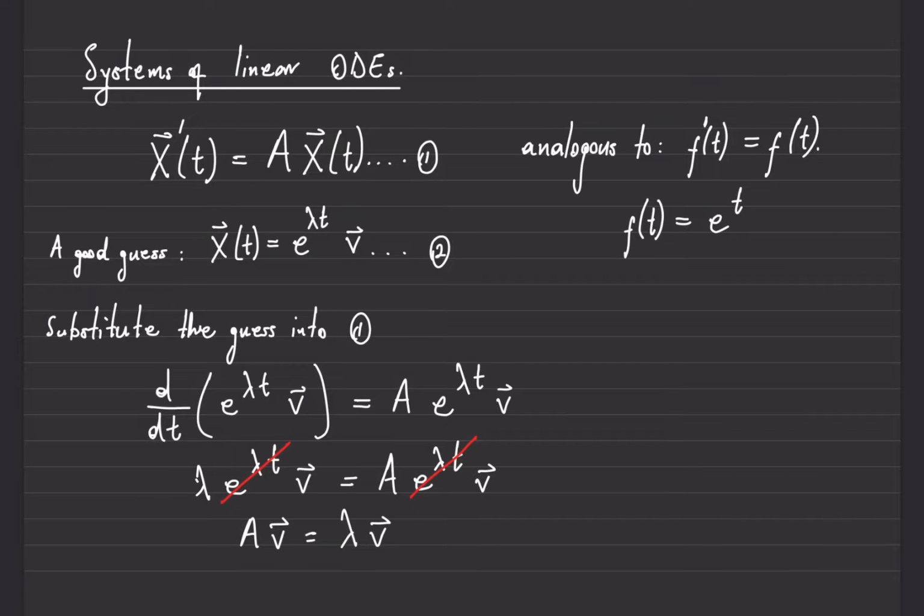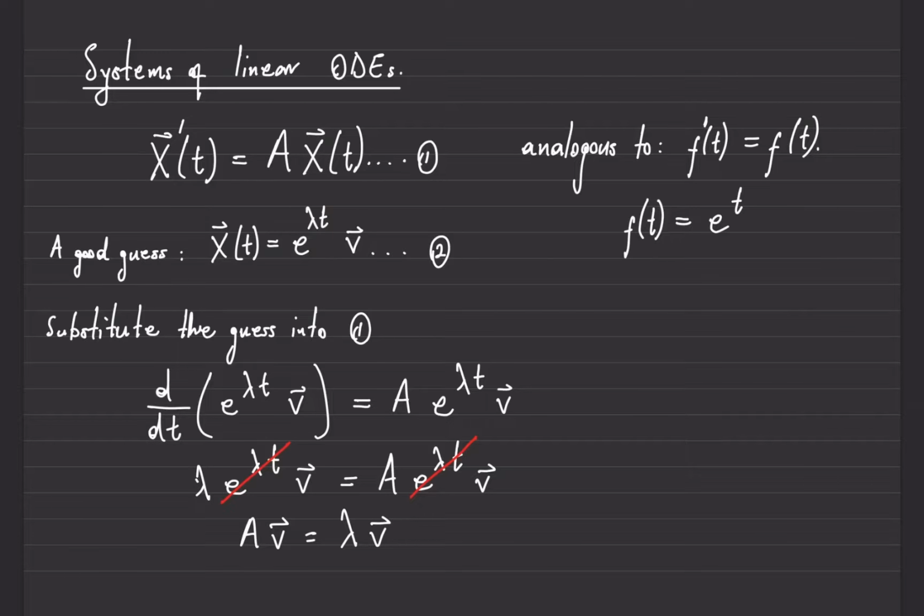So the point is, we have a bit of experience of functions that are proportional to themselves, that is, functions whose derivatives are proportional to themselves. So when we come to this multi-dimensional situation where we have multiple equations, a good guess could be something that looks like this.